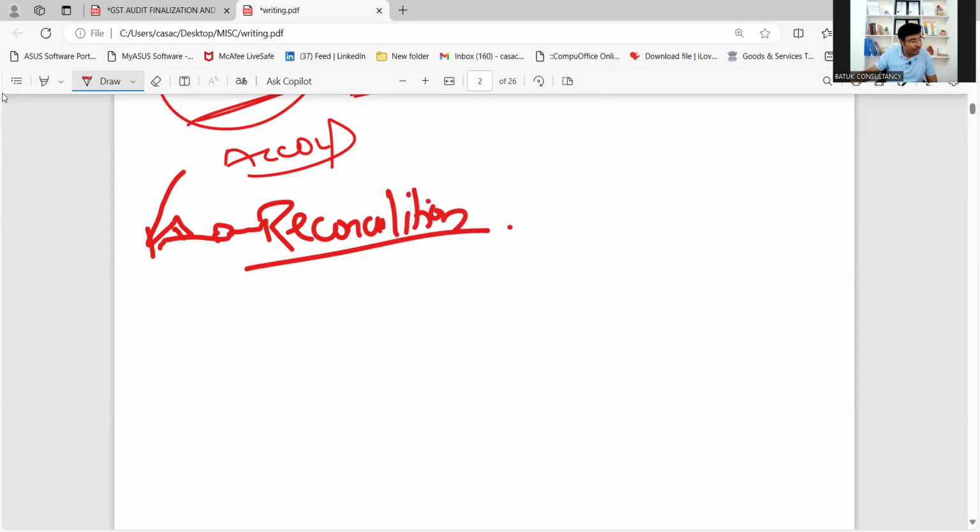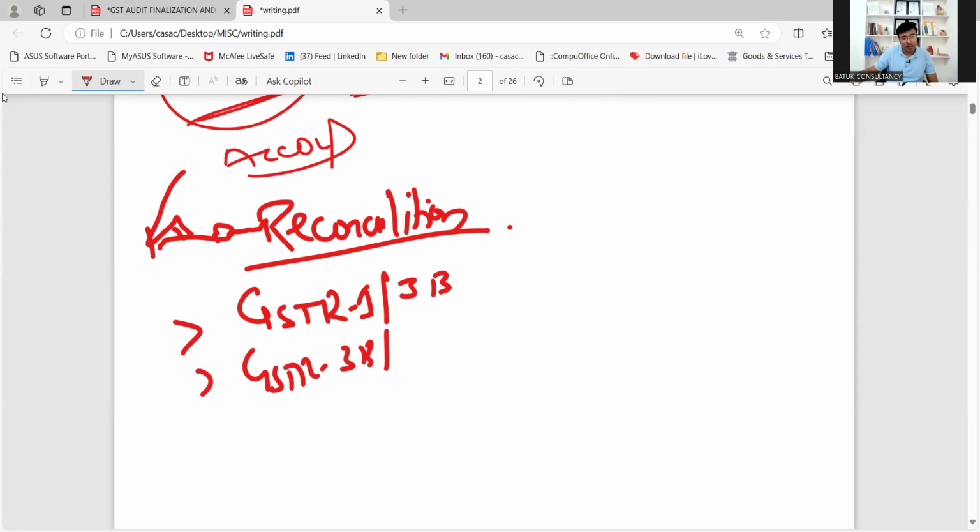We are saying that please provide us the reconciliation of the GSTR 1 and 3B, GSTR 3B and 2B.